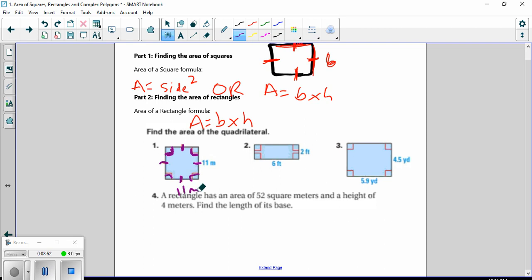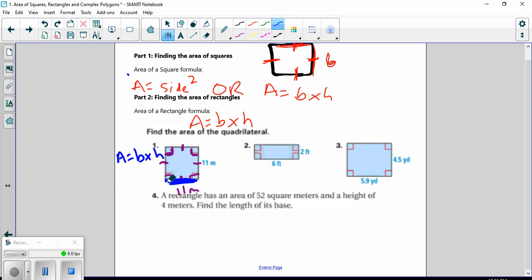So if I want to find the area of the shape, I know that this is a square. So to find the area of the square, I'm going to use this formula, this area of a square. So area, so we'll say A equals base times height. So we'll say B times H. Well, so what's the base? So in this picture, in this first figure, the base is this one, so it's 11.